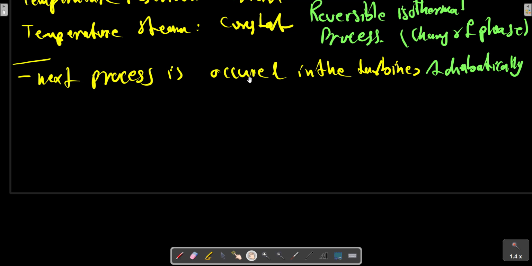Since all processes in the Carnot cycle are reversible, this must be a reversible adiabatic process.